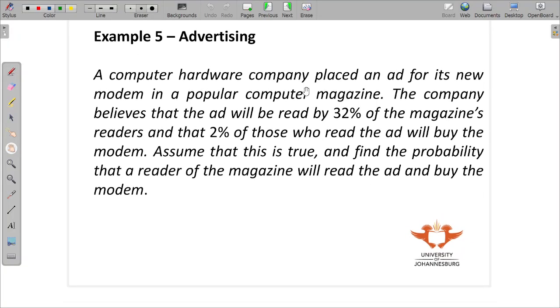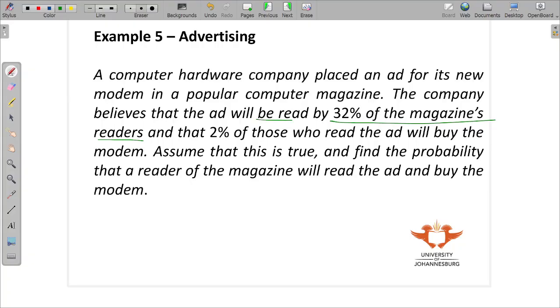A computer hardware company placed an ad for its new modem in a popular computer magazine. The company believes that the ad will be read by 32% of the magazine's readers. Okay, 32% will read.